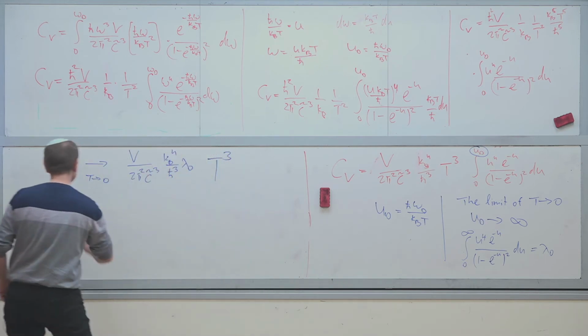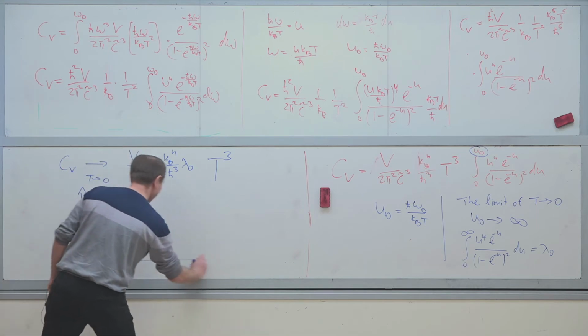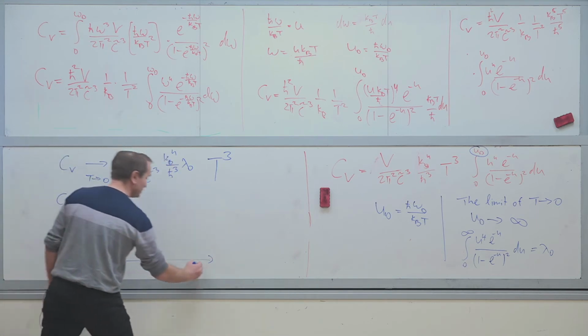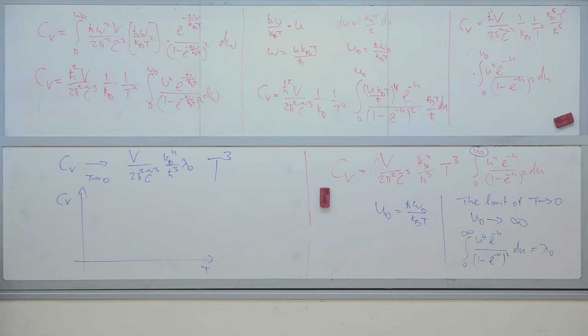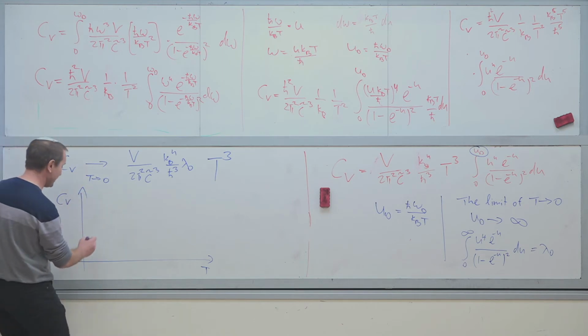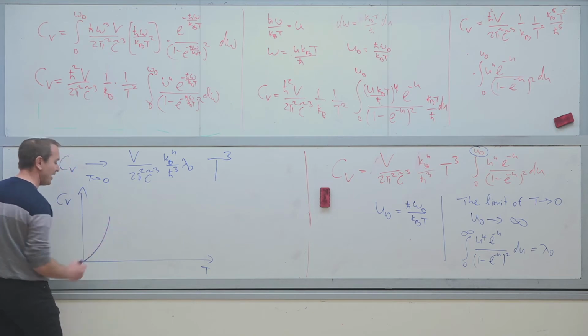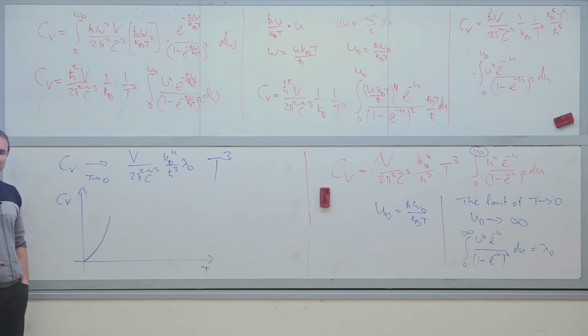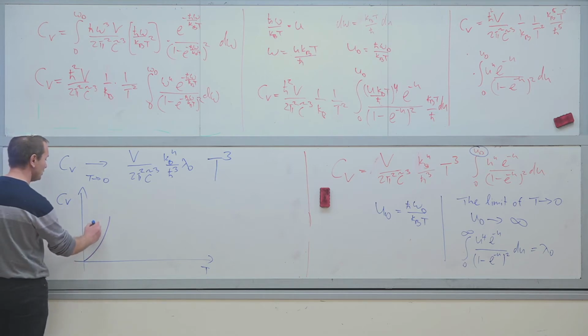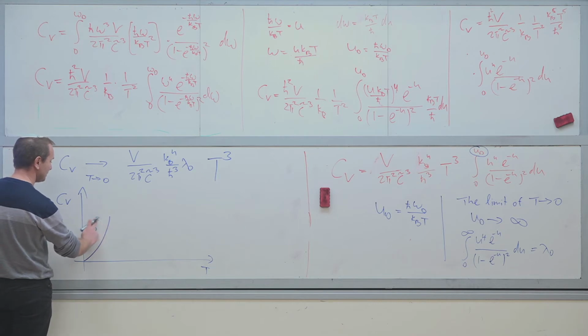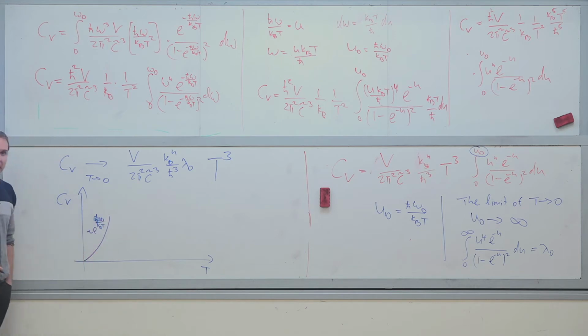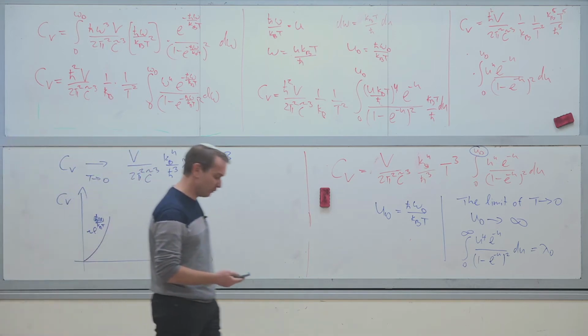So when we plot CV as a function of T, what we obtained from the Einstein model is a really fast growth at small temperatures. How fast? It was proportional to e to the minus h bar omega divided by k Boltzmann T. It's a very fast growth of the specific heat.